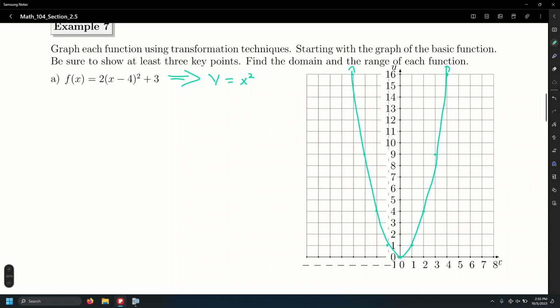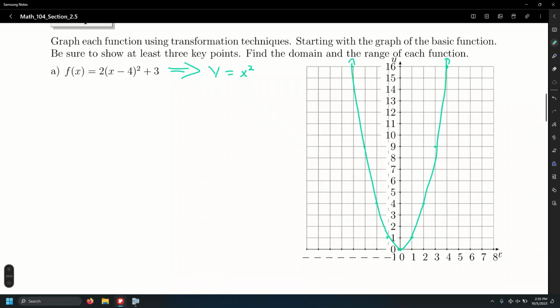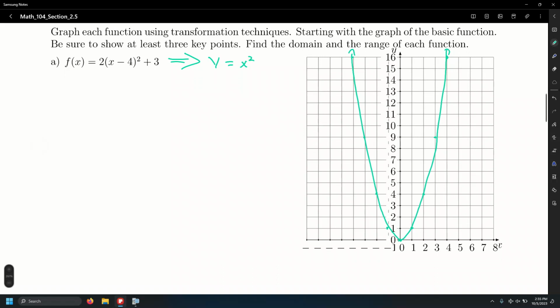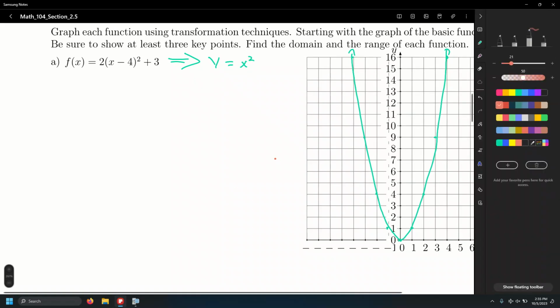All right, so let's describe the transformations in words. First of all, let's take into consideration the inside first, that is the horizontal transformations, not just shifting. Well, that's only a horizontal shift. And then the outside transformations, which are the vertical transformations here.